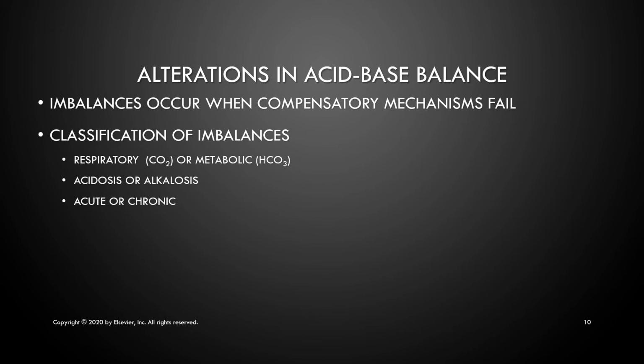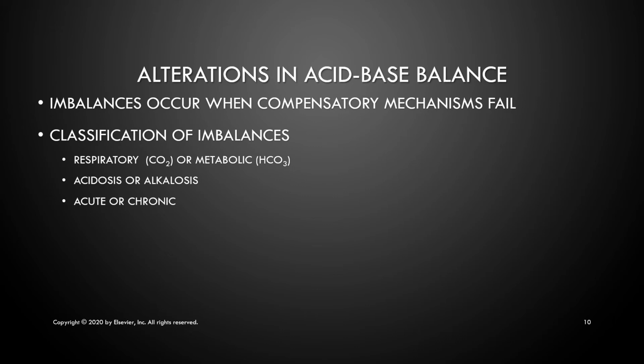So when there's a disturbance in any one of these systems, we can see it by looking at our ABG levels. So it's important that we start to really understand what these ABGs represent and what systems are going to be affected by the different values when we look at our ABGs.